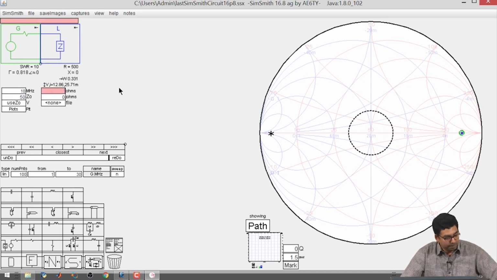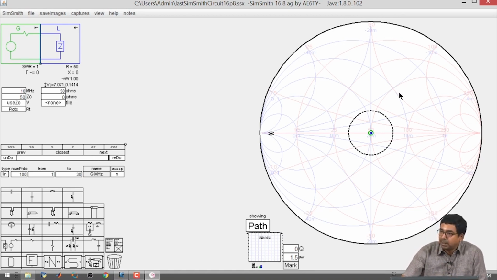Now, we can start with a simple case, and we will deliberately start with the identical case, matched impedance. On the right-hand side we have a Smith chart, similar to what we have generated, with constant resistance and constant conductance circles, and then constant reactance and constant susceptance circles. All of them are present in this Smith chart, and in the center we have a green and a blue dot.